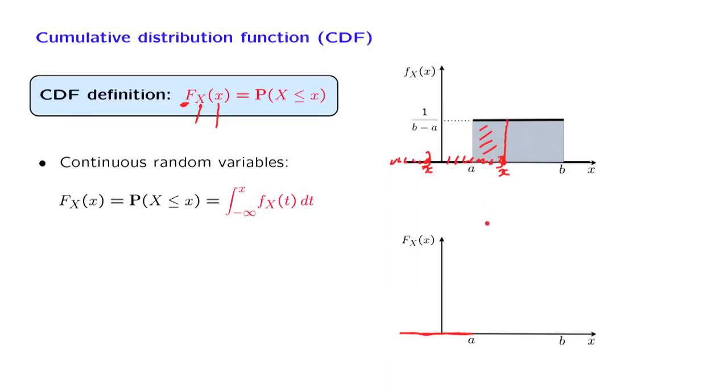This area is of the form the base of the rectangle, which is x minus a, times the height of the rectangle, which is 1 over b minus a. This is a linear function in x that takes the value of 0 when x is equal to a, grows linearly, and when x reaches a value of b, it becomes equal to 1.